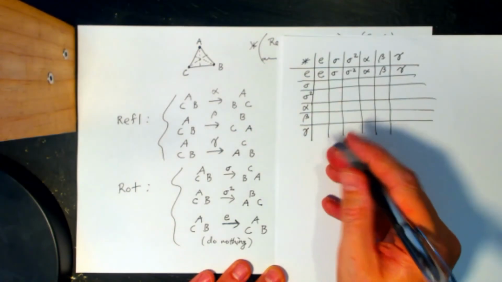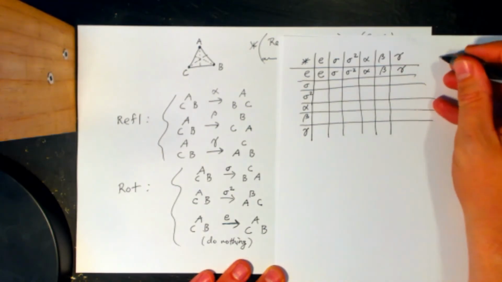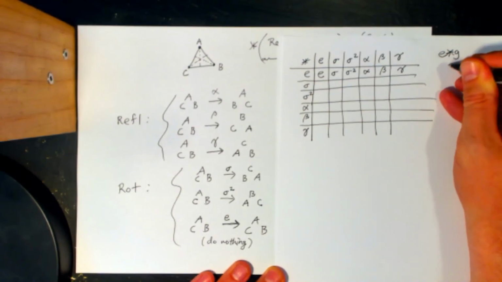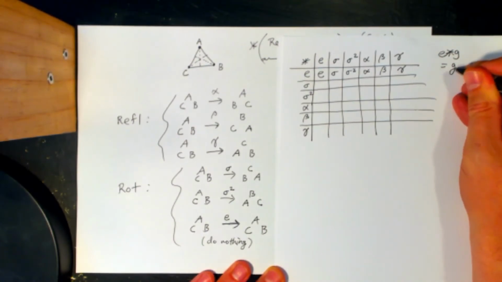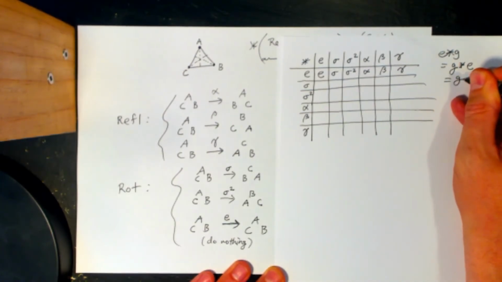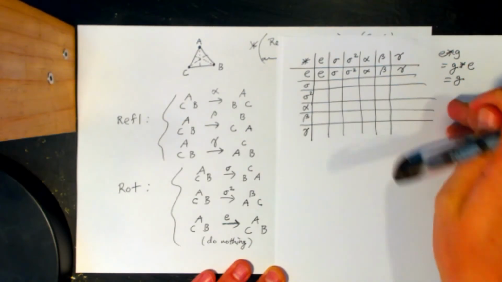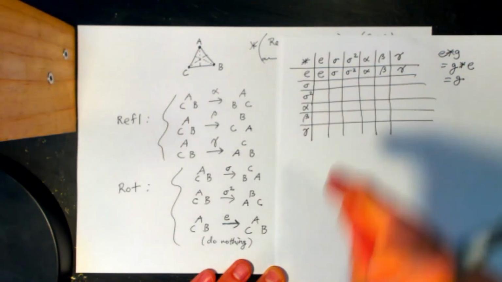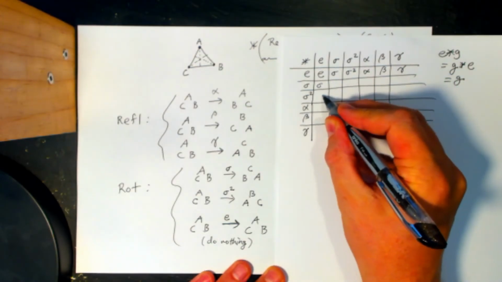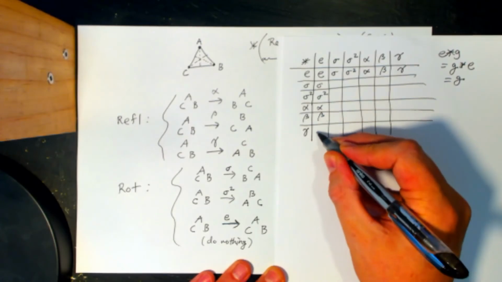The same the other way around, so this is why we distinguish in our second axiom of the group that E combined with G is the same as G combined with E, which is the same as G. Usually we don't need this, but sometimes we do, and in this case we do. So we have sigma here, sigma squared, alpha, beta, gamma.